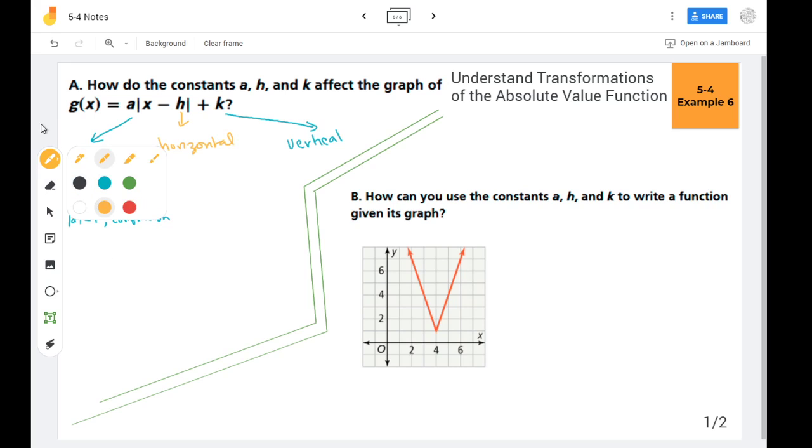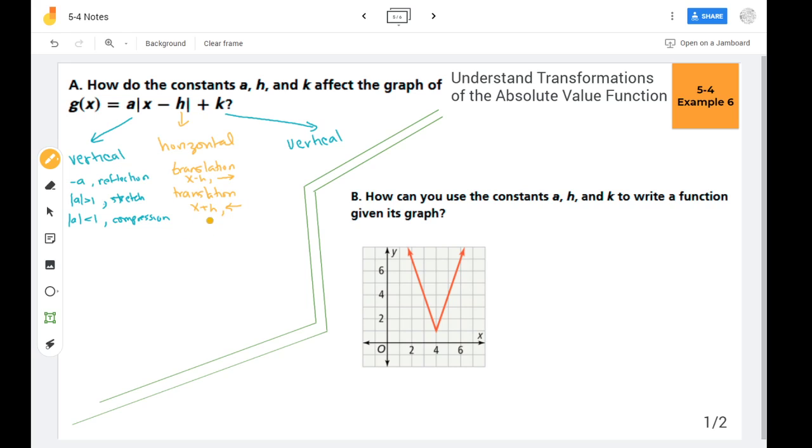Now, in terms of adding and subtracting from the function, these are all going to form translations. So if you add or subtract inside the grouping symbol, you're going to translate either to the left or the right. So if it says x minus h, you're going to go to the right, and x plus h, you're going to go to the left.